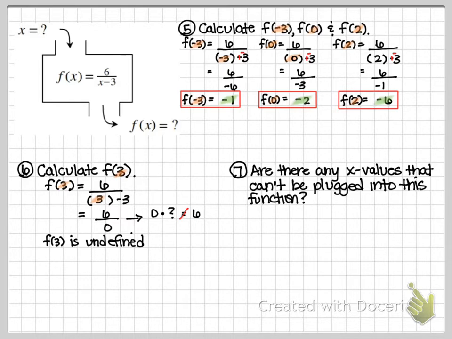So that leads us into question number 7. Are there any x values that can't be plugged in? Well, I think it's because of the whole dividing by 0 part. So let's think about what we know.